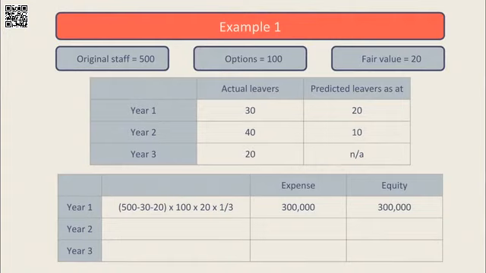In year 2, the number of staff is updated. We know that of the original 500, 30 have left during year 1, 40 have left during year 2, and it is anticipated that a further 10 will leave. This would take total leavers to 80 over the 3 years, and therefore the equity reserve is adjusted to be based upon the remaining 420 members of staff, each receiving 100 options.